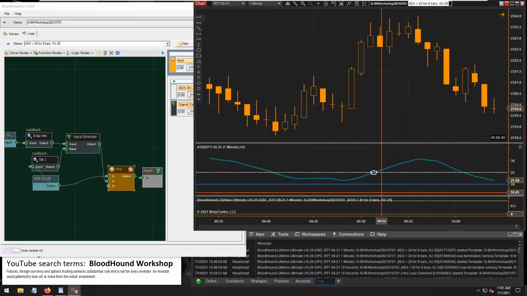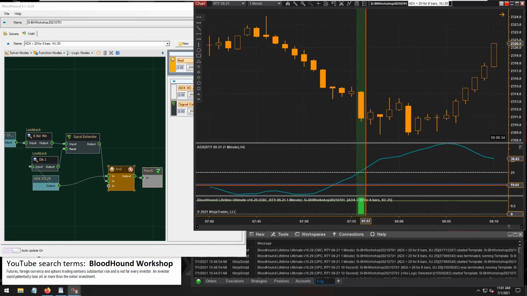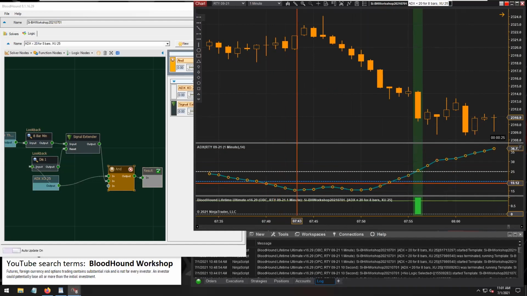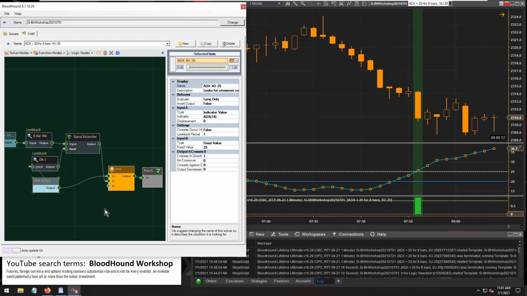There's that 20 level. Here we go, here's another spot. We can see the ADX is below 20 for several bars, and then when it crosses 25, we get our little signal there. All right, so there we have it.